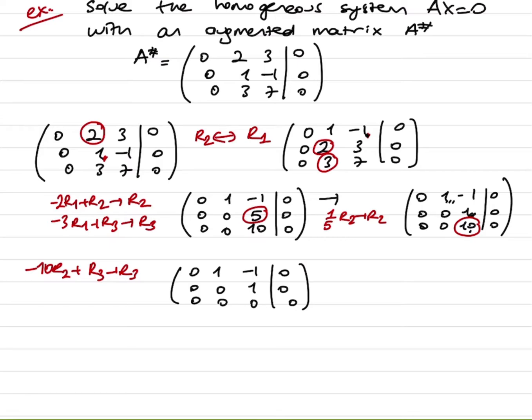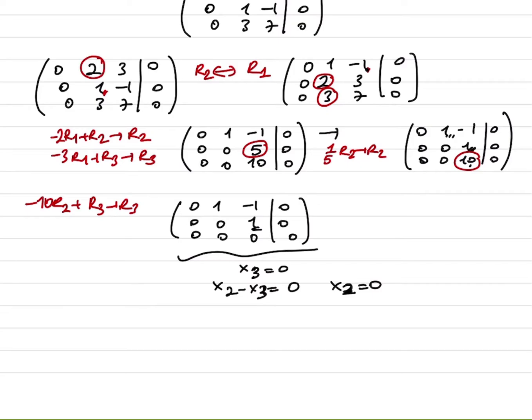Great. So we can read from here. We see x3 is equal to 0 and x2 minus x3 is equal to 0. So we have x2 is also 0, but x1 can be anything, right?